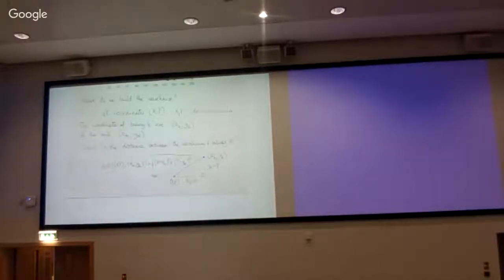Have I done it wrong? I was expecting someone to point out that I did it wrong. Yes, there we go. I wrote xk minus x, and here I wrote x minus xk. Even if it becomes a negative value, we square it and it gets a positive value anyway, then add them together and take the square root.